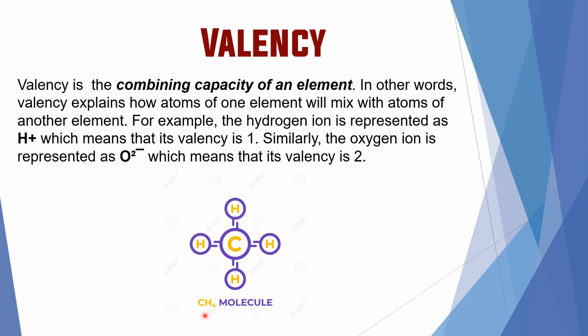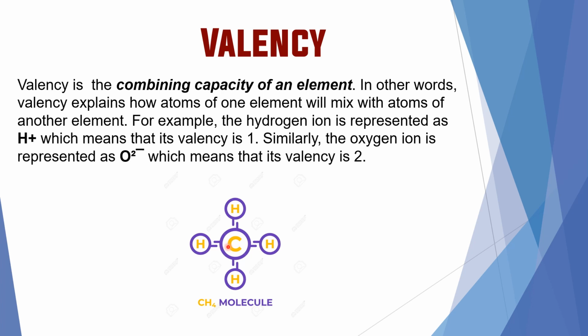That is the chemical formula of methane, CH4. Here two elements are there: one carbon atom and 4 hydrogen atoms. This carbon atom is chemically attached with 4 hydrogen atoms. So what is the combining capacity of carbon? That is 4, because it has 4 arms.